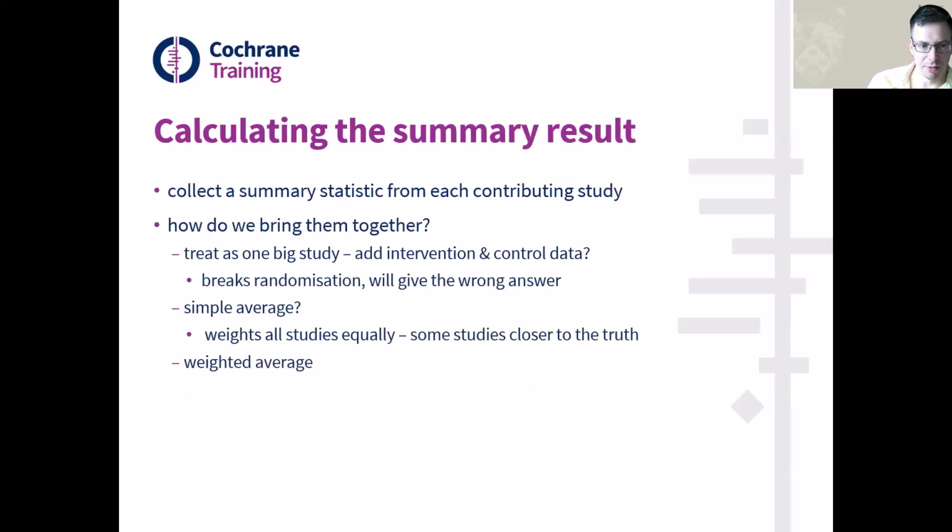Oh, I'm jumping ahead myself there. So a weighted average, this is where we're going to go. We want to weight the studies in some way so that we are giving more weight or more importance, more stress to studies that are more meaningful, more important, larger in some way. So how do we go about doing that?